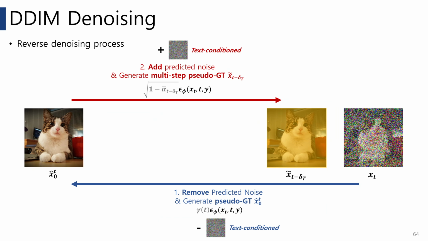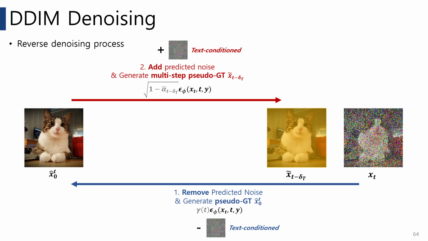First, xt is fed into the unit to predict the noise at time step t. This noise is removed to create the denoised image, that means pseudo-GT x hat. Here the pseudo-GT x hat is different from the pseudo-GT in DDIM inversion, as the text-conditioned predicted noise has been removed.